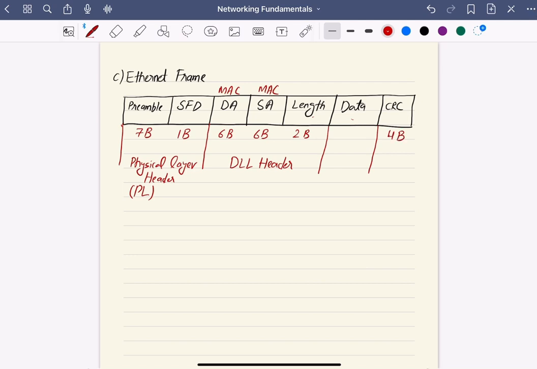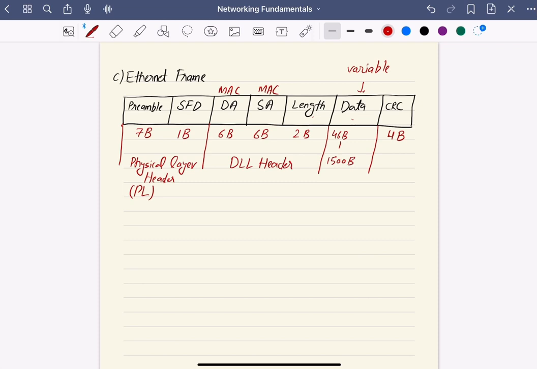It checks for things like accidental modification and collision. The length of the data is variable, ranging from 46 bytes to 1500 bytes.